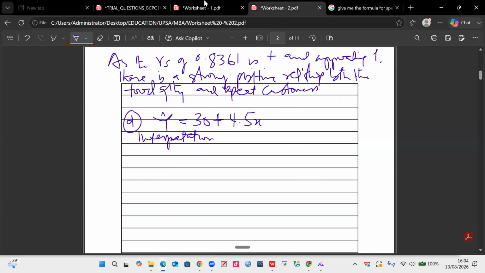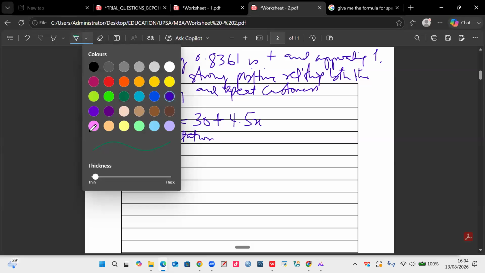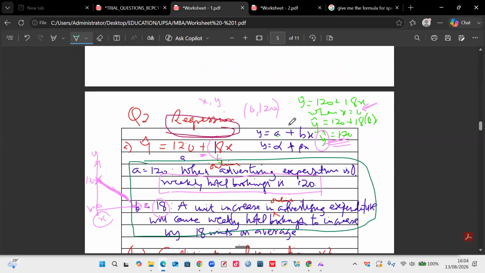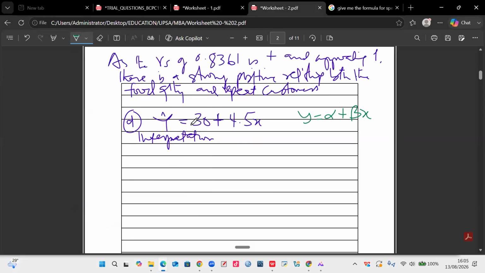So what's the interpretation? So the interpretation is that when x is equal to 0, this follows the regression equation y equals alpha plus beta x. Have you forgotten? So if they say interpret the intercept, in this equation which one is the intercept?